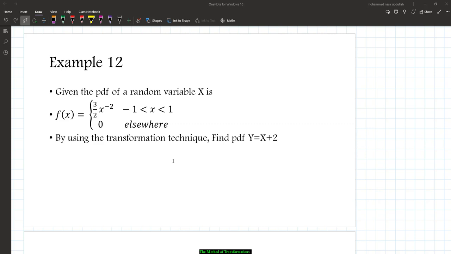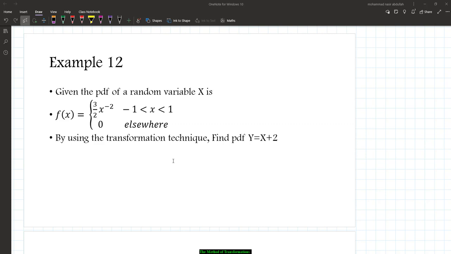Example number 12 is quite simple. 14 simple juga. 16 also simple. Kita tengok example number 12 dulu, okay?